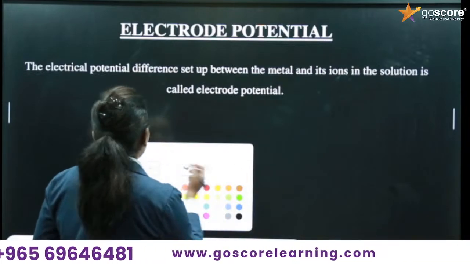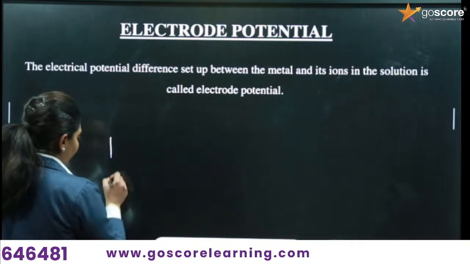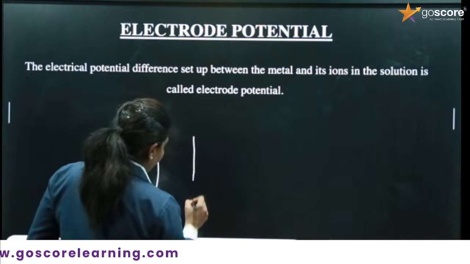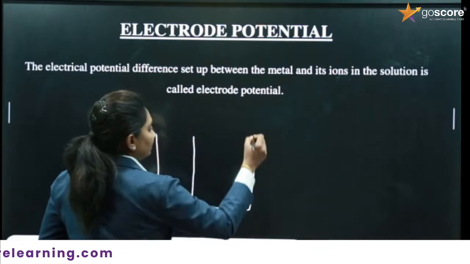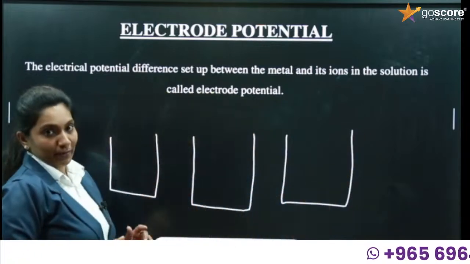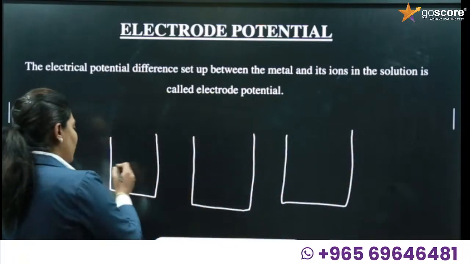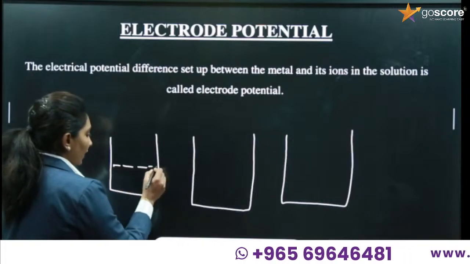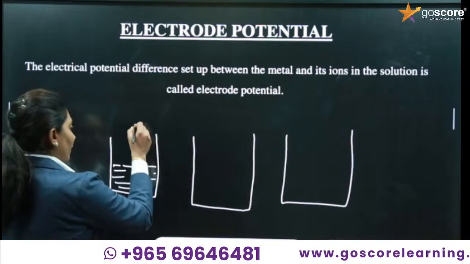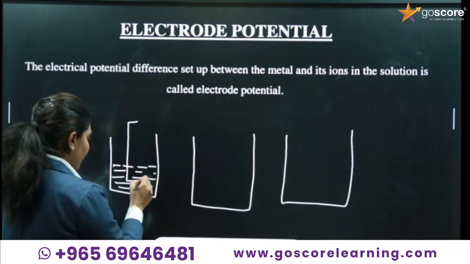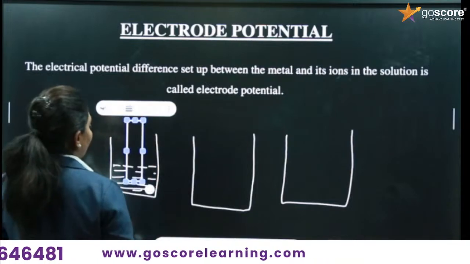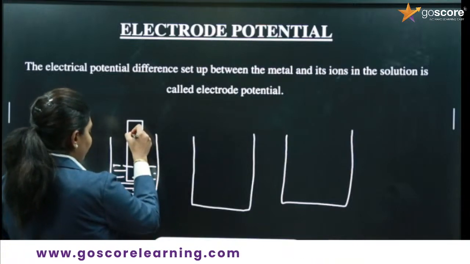Here we have taken three beakers. In each beaker, we are taking a salt solution of a metal M. We are representing the metal with M, and we are putting the metal rod M in the solution.